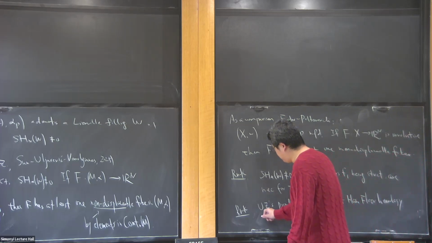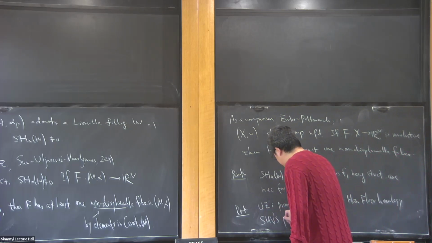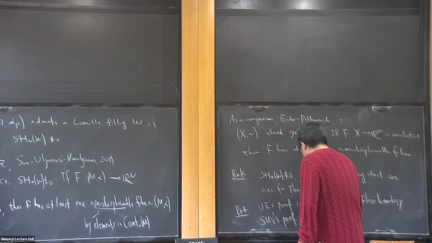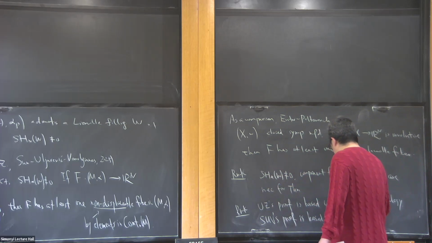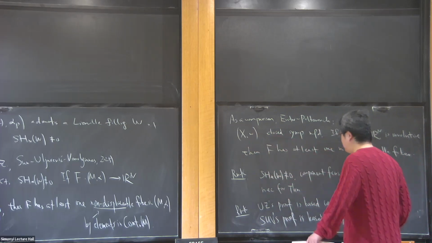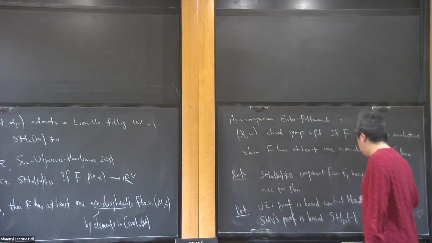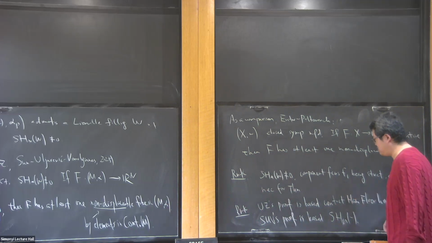And the proof from SUV is based on symplectic homology with complex coefficients, SH. And it's not very surprising because Varolgunes is actually in the... Okay, so let me say a little bit about what this machinery is.